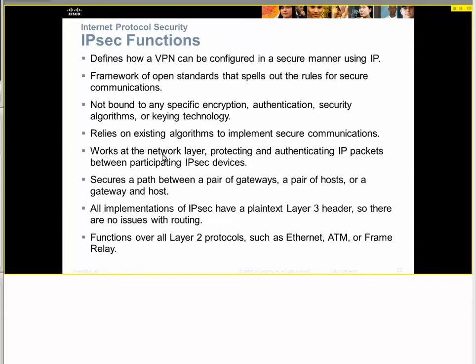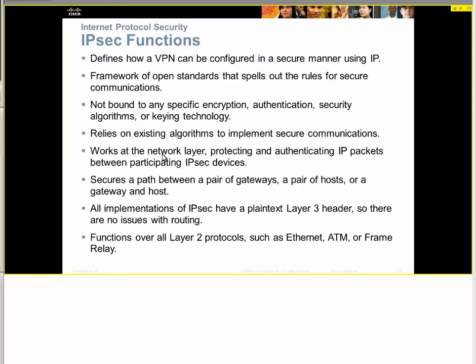It is not bound to any particular encryption protocol, authentication protocol, security algorithms, or any other keying technology. In other words, it can use whatever. Now, by the way, it can't use anything. There are some protocols that are established and well used, but we'll talk about them. It relies on existing algorithms, so you don't have to either learn new ones or enable new ones or buy new ones if you want.